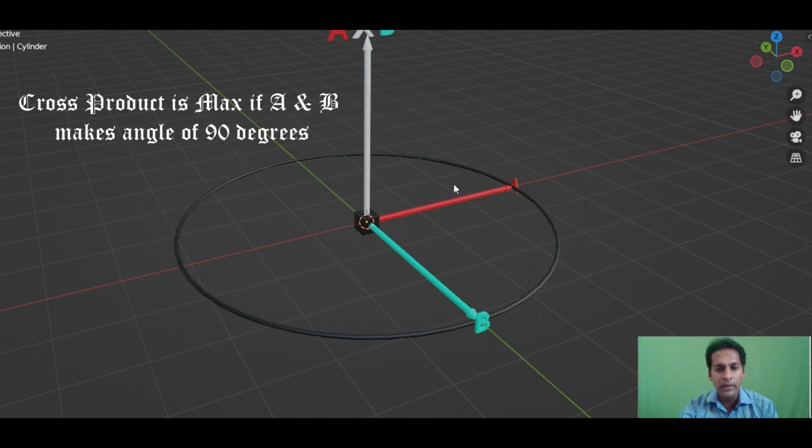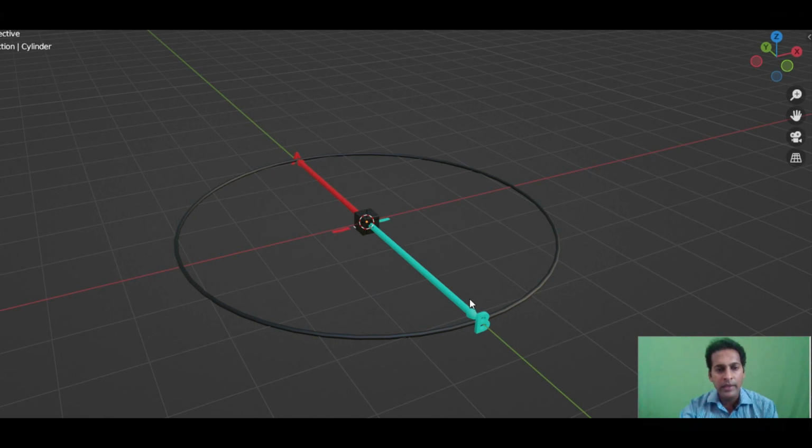As it enters into the second quadrant, the A cross B value again starts decreasing. And again at the next position, when A and B get theta equal to 0, A cross B also becomes 0.